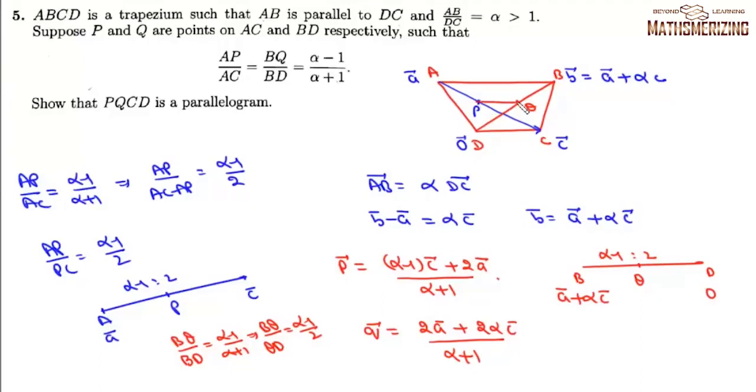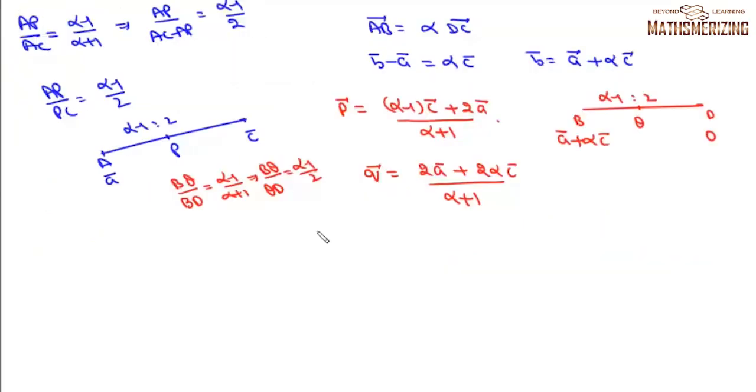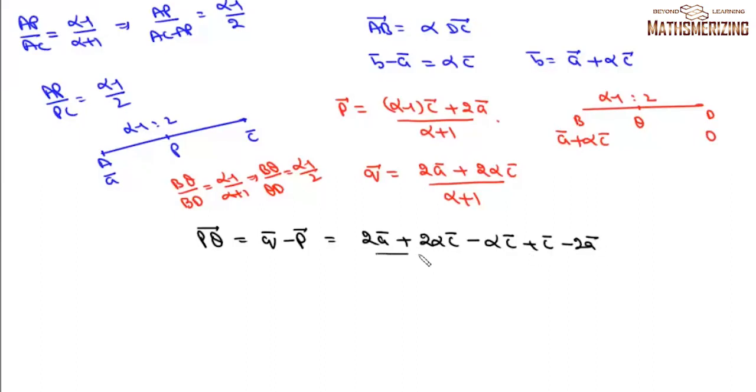Now we'll find this vector PQ. Now vector PQ will be position vector of Q minus position vector of P. It will be 2A plus 2 alpha C minus alpha C minus C minus 2A upon alpha plus 1. Now 2A and 2A will cancel.